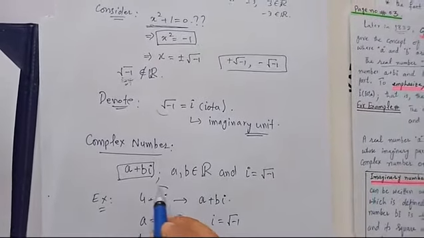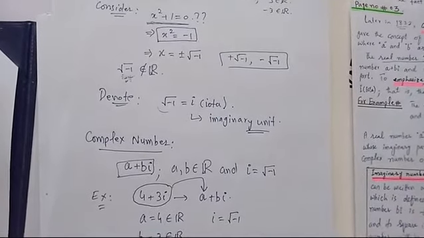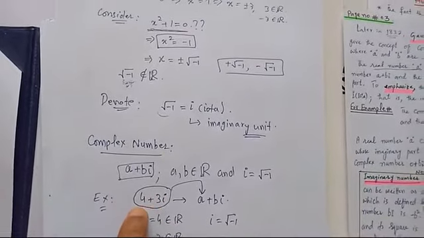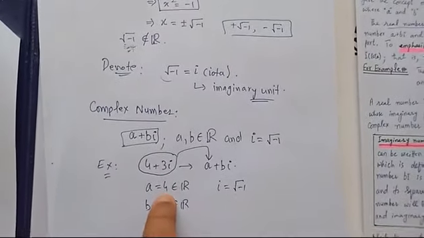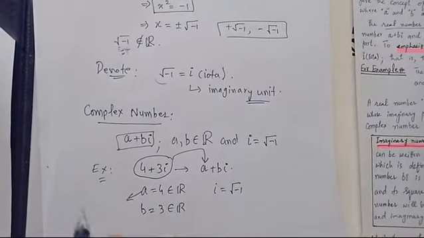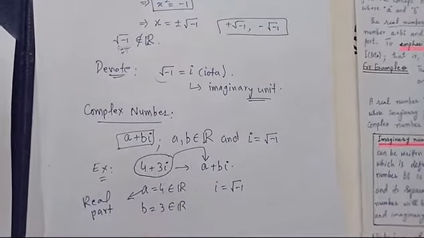So 4 plus 3 iota is a complex number. In this 4 plus 3 iota, 4 is the value of a. This is called the real part of this complex number.